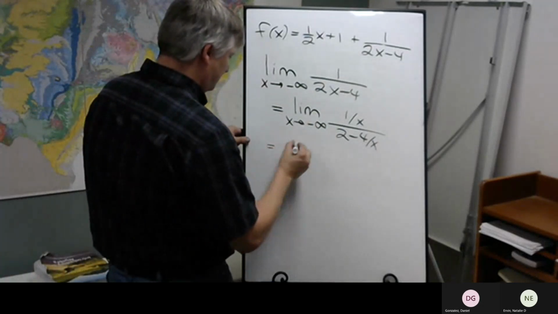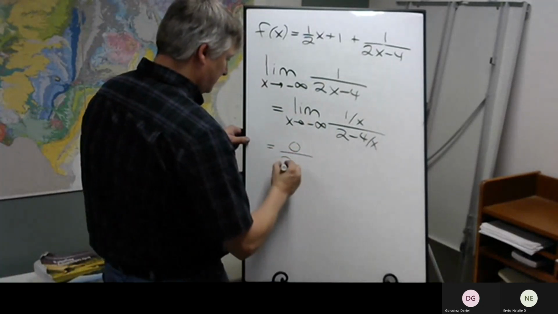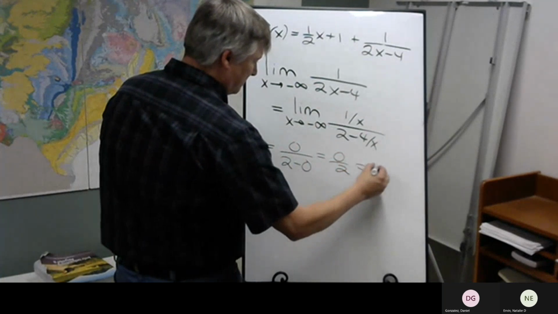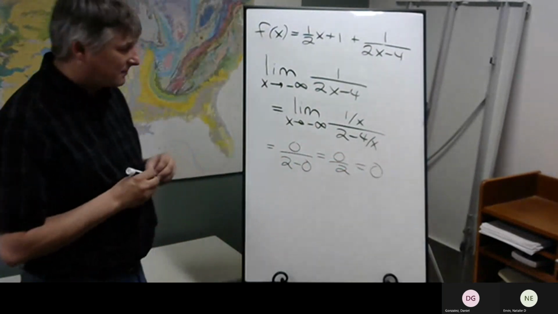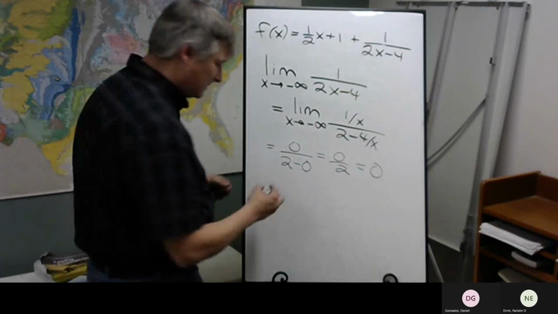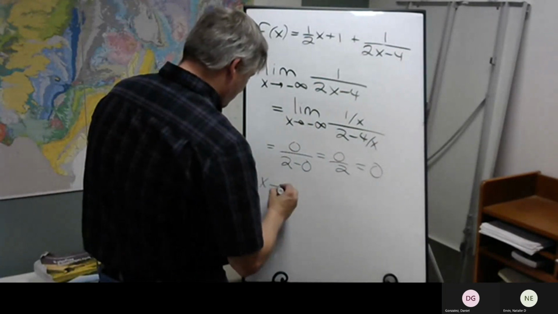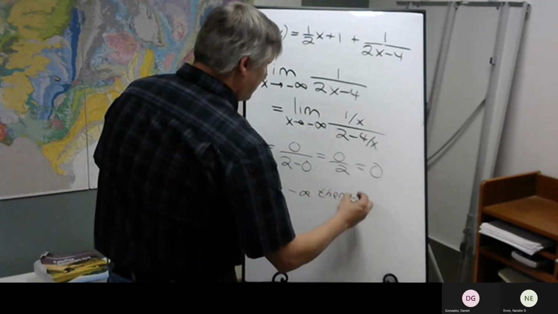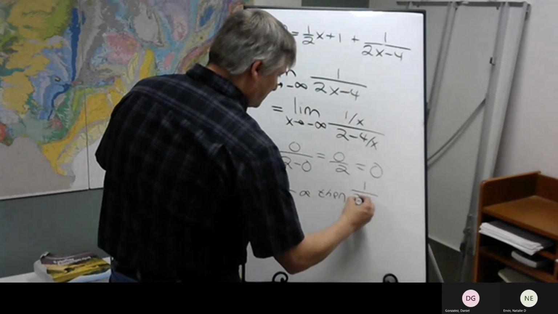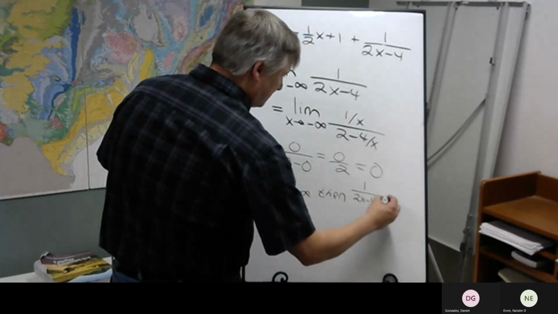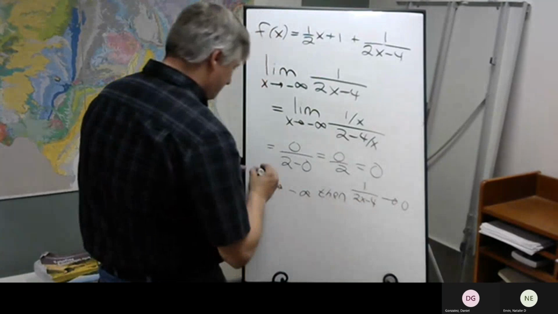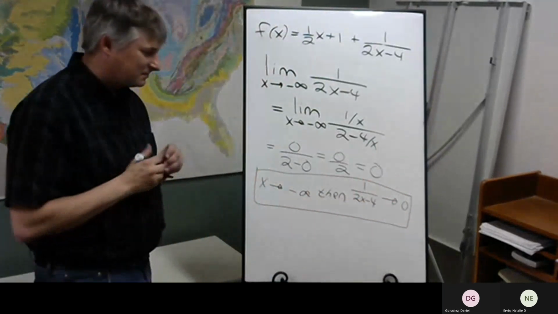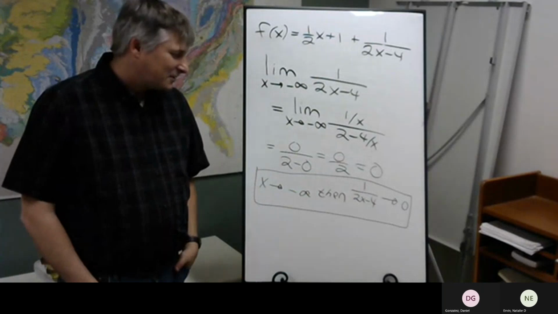So we'll get 0 over 2 minus 0, same thing. Then I get 0. So in sum, as x goes to negative infinity, 1 over 2x minus 4 goes to 0.